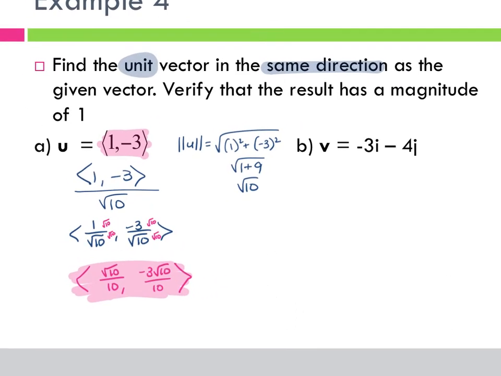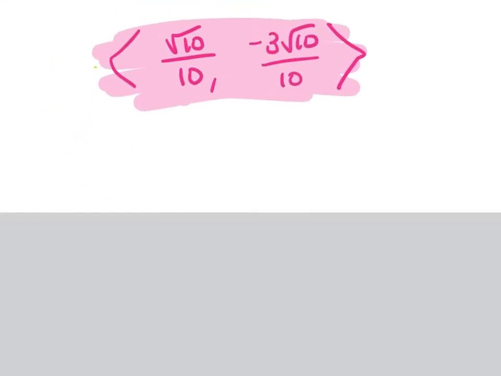So where it says verify that it has a magnitude of only 1, it means take this and find the magnitude. So it's the square root of a squared plus b squared.